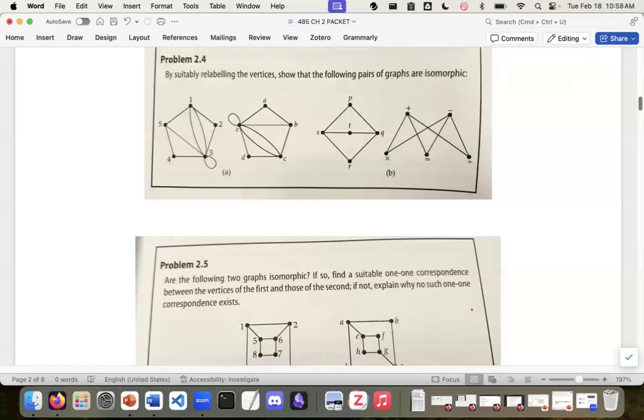All right, does anybody need more time? Okay, let's go over 4 and 5. So what's the isomorphism relabeling for 5A?